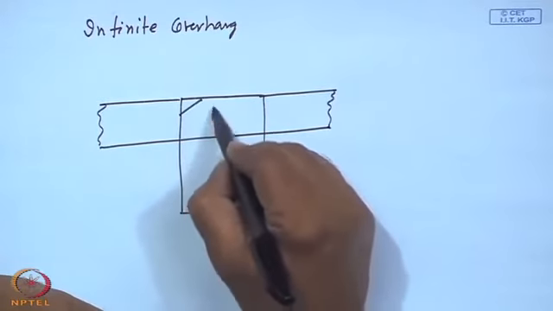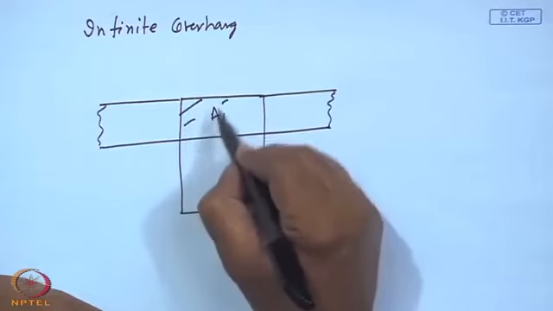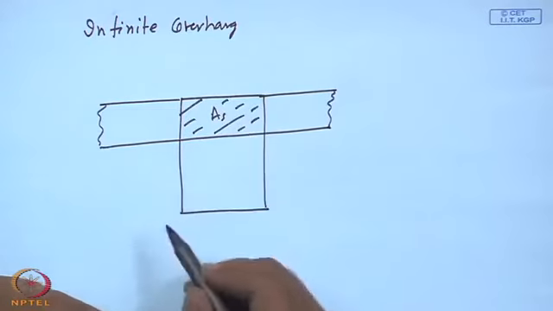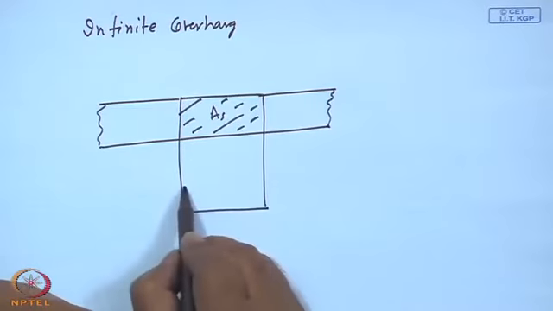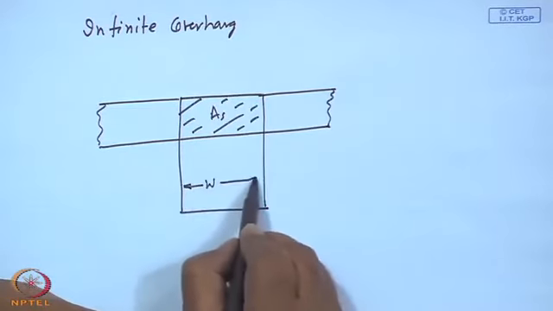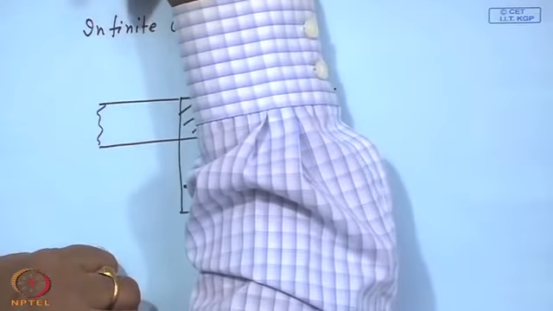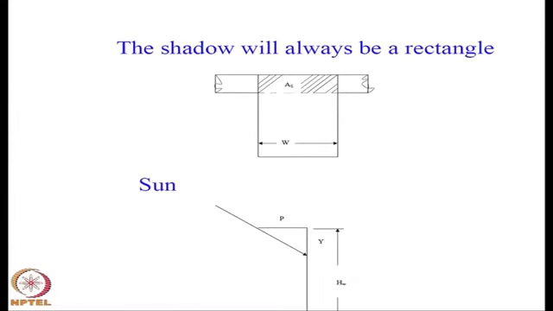The shaded area A s is always a rectangle. So, this gives us some respite. So, this, I think something is wrong with the screen.